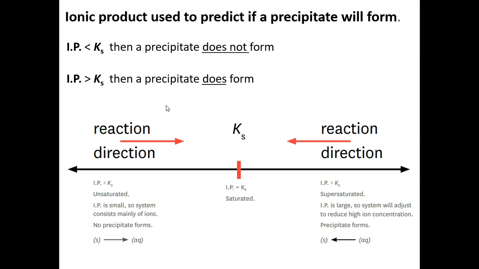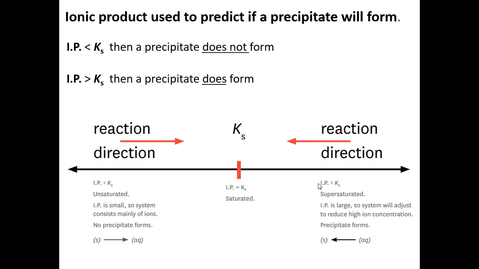So if I mix two solutions together and I calculate the ionic product, if the ionic product is less than the solubility product, it means I have too few ions in solution, so any solid will start dissolving to try and get the same concentration of ions in solution so that it reaches equilibrium.